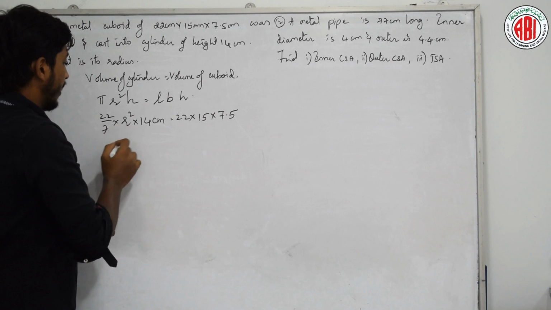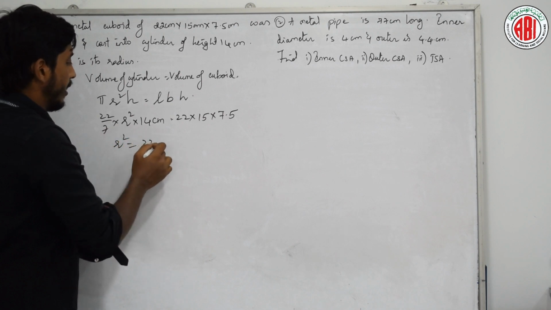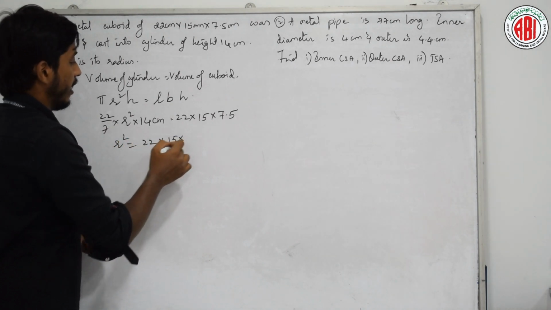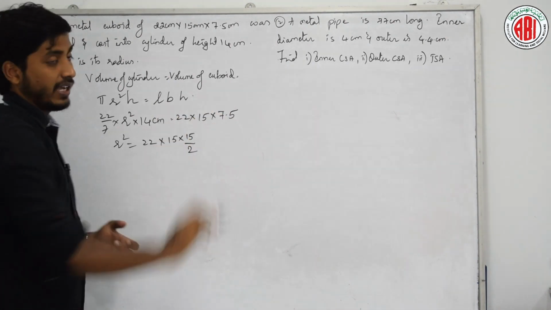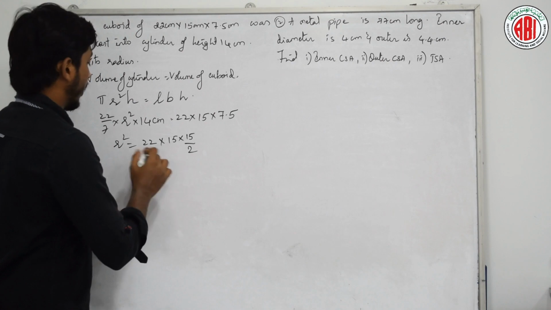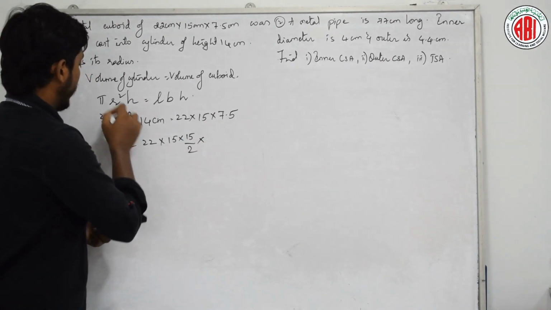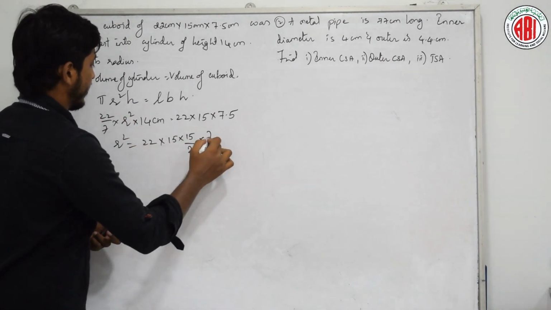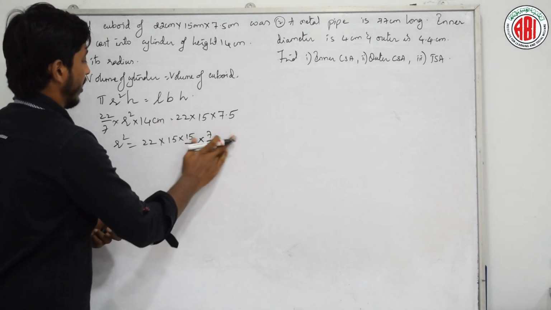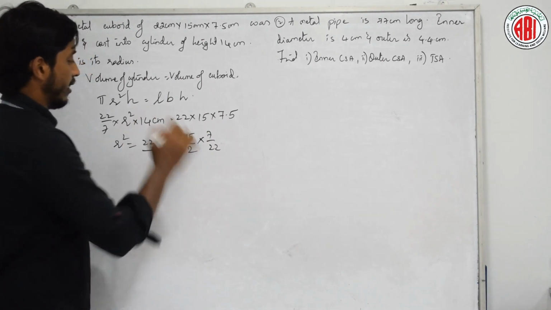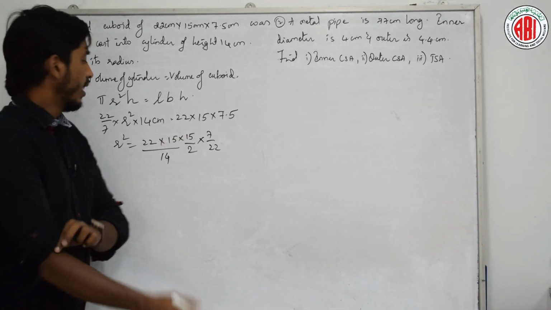R square is equal to 22 into 15 into, let me write 7.5 as 15 by 2, into, let us send this 22 by 7 to this side, that will become 7 by 22, into 14 in the denominator. Now cancel everything.